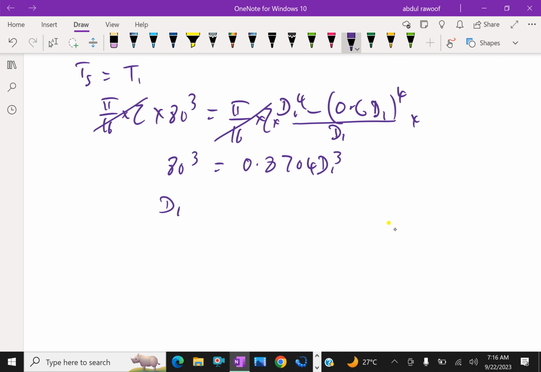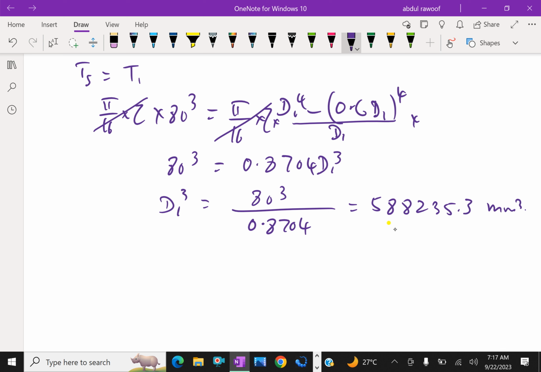Now, D1 cube equals 80 cube over 0.8704, which is equal to 588,235.3 mm cube.